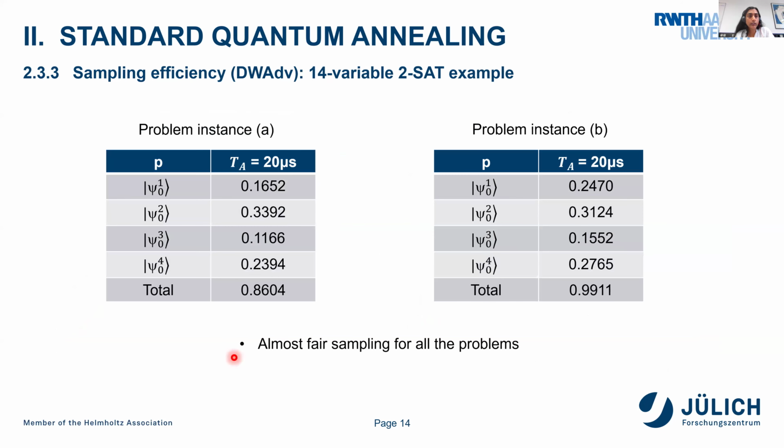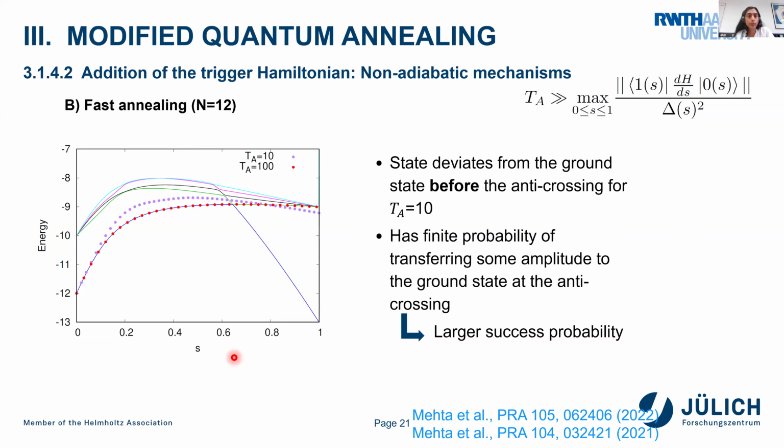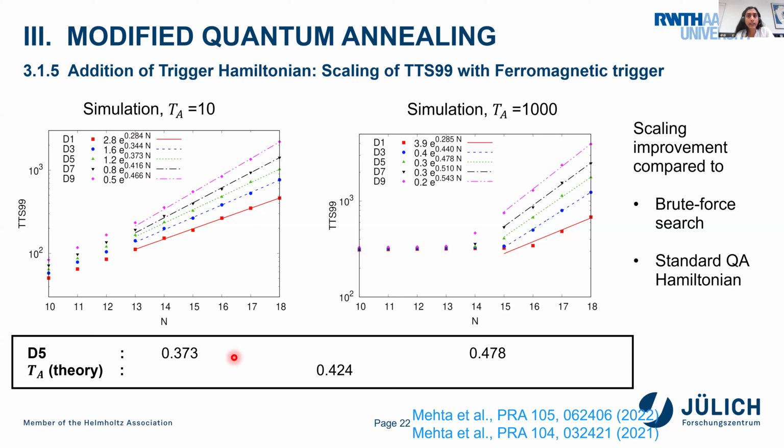In this ferromagnetic trigger Hamiltonian, where you observe an improvement in the values of the minimum energy gaps as well as the scaling, this scaling exponent for long annealing times is 0.478. So in those terms, the scaling exponent is better compared to the standard quantum annealing and the brute force search, but the scaling behavior in itself is still exponential.